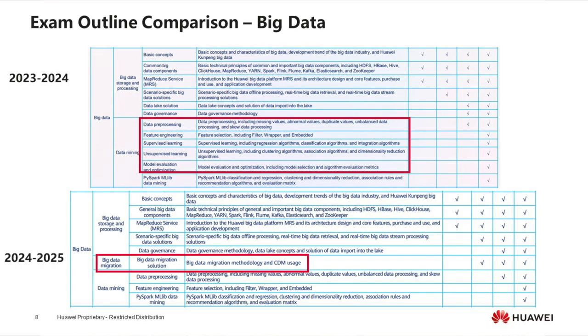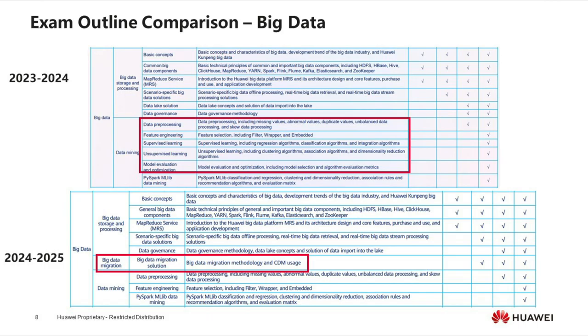And next, when it comes to the direction for big data, I will open it for you and please tell me which part has been deleted compared with last year. Have a check.